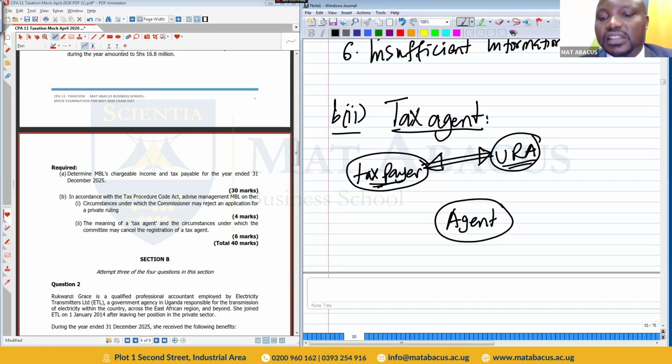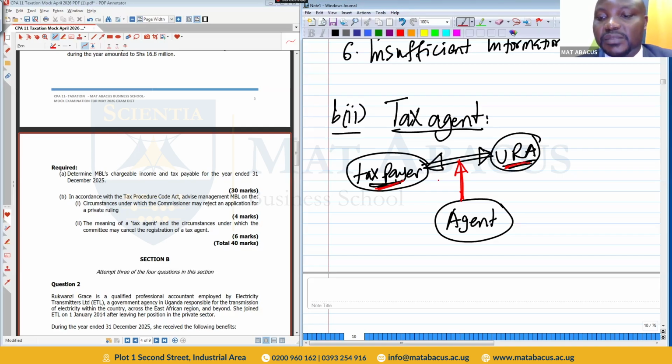The taxpayer has an obligation to pay taxes to URA, but may not have enough knowledge on the taxes to pay and how to file, and may be busy. He may want to concentrate on core areas, and URA expects you to pay the tax. So this tax agent, who is always a professional with technical competence, understands the tax laws and the administrative ways of paying taxes, and comes to represent the taxpayer.